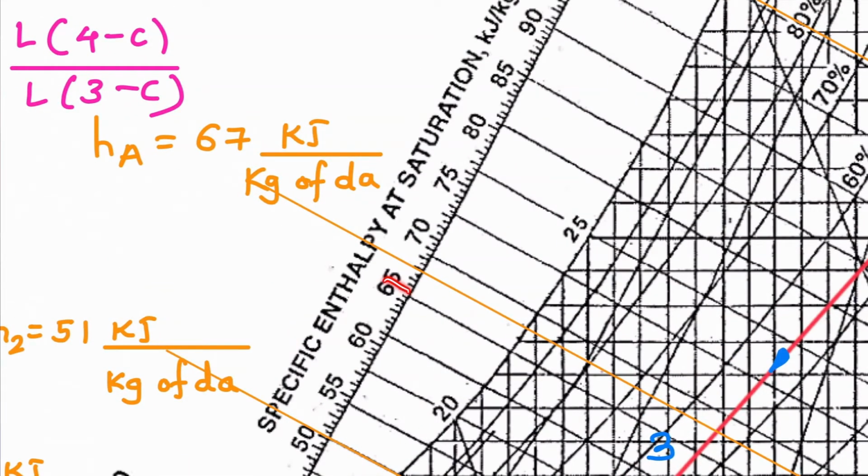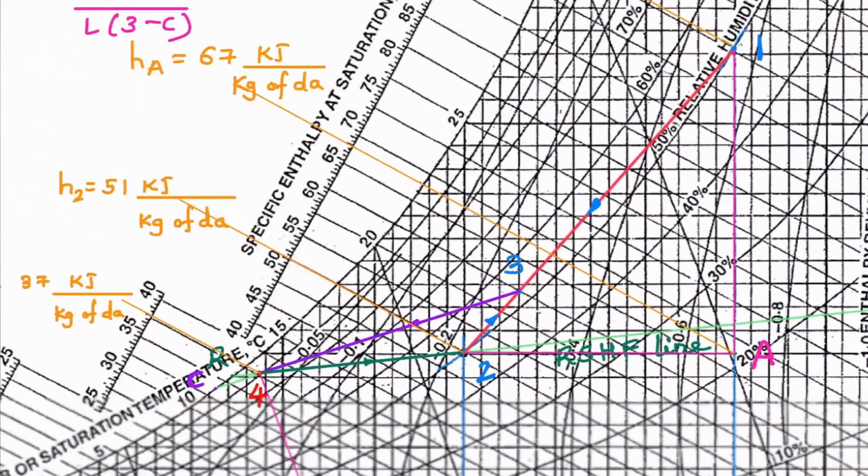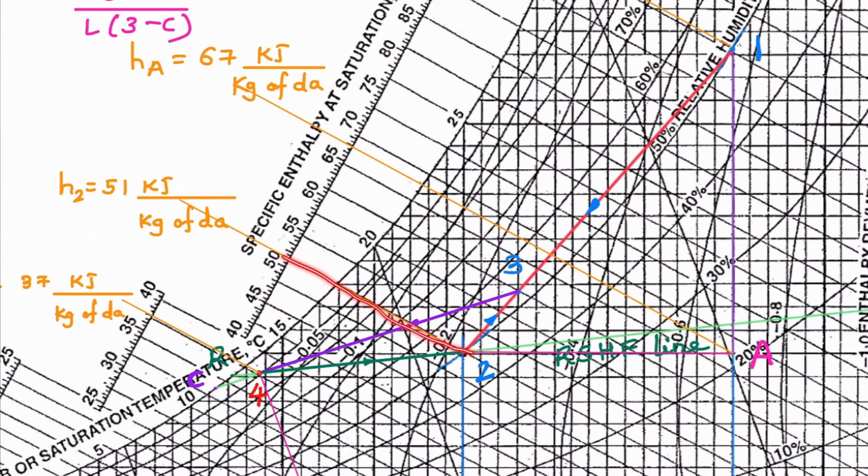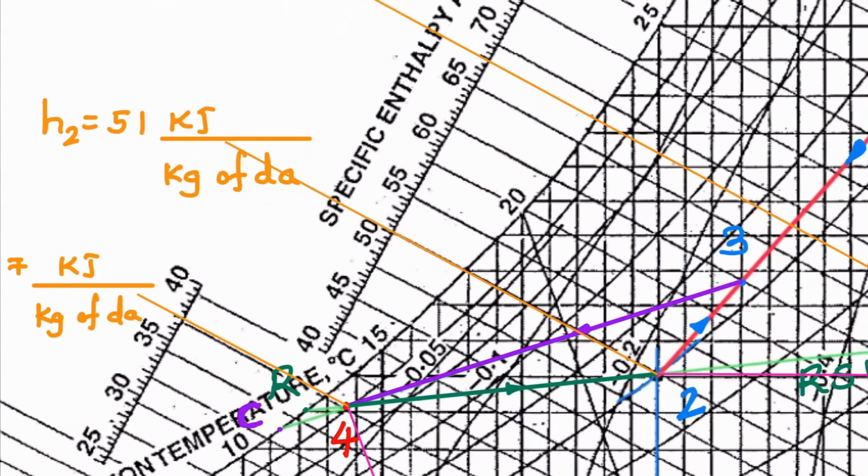So this is 65, then 66, and this is 67. So HA is 67 kilojoule per kg of dry air. And then the H2 value, this is 50 kilojoule per kg of dry air, and this is 51. So H2 is 51 kilojoule per kg of dry air.